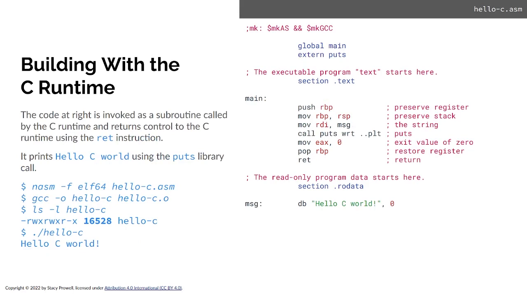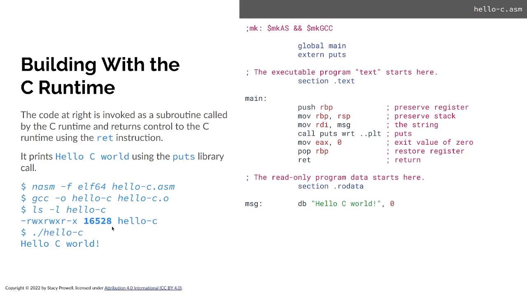Here's a version that does the same thing, prints hello C world, but it does it using the C runtime around it, or it's expected to have the C runtime wrapping it. And you can see one immediate difference. We have a main function here. And after we compile it, we wind up with a 16K file. Why is that?